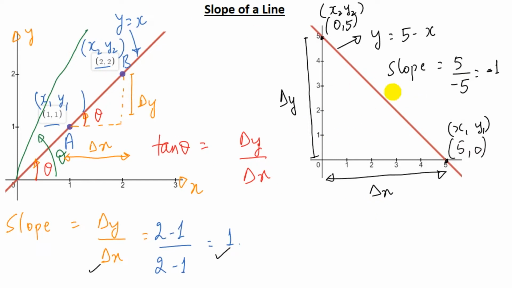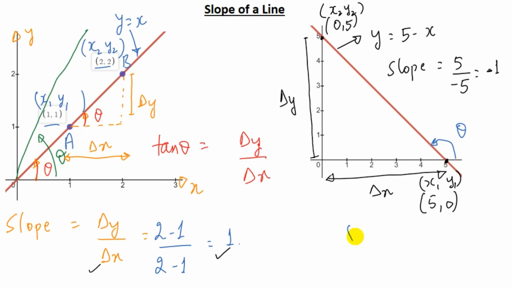So here we noticed one thing, that in this case theta was greater than 90 degrees, and in the previous case theta was less than 90 degrees.